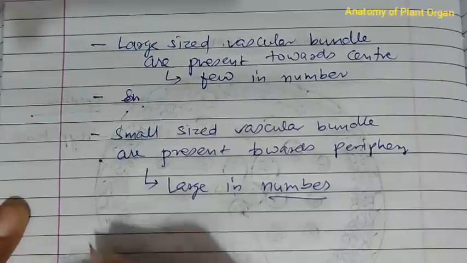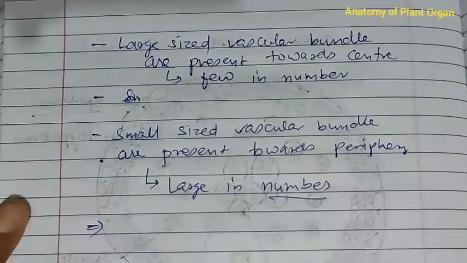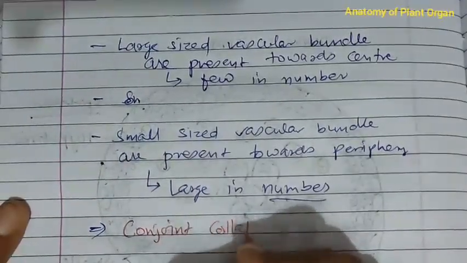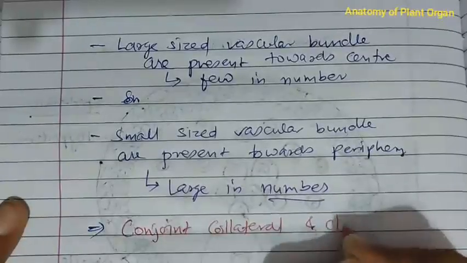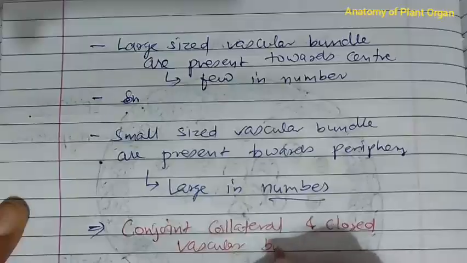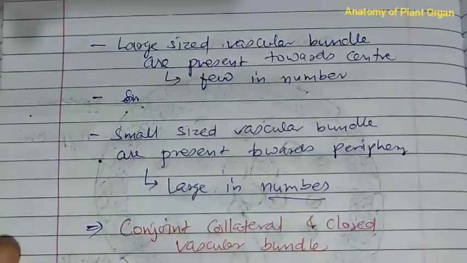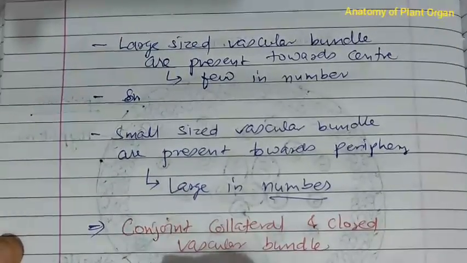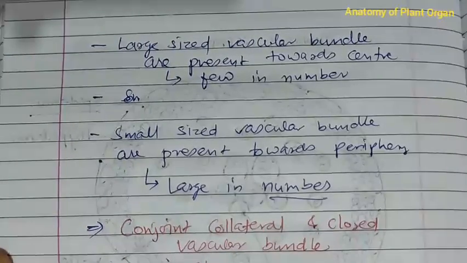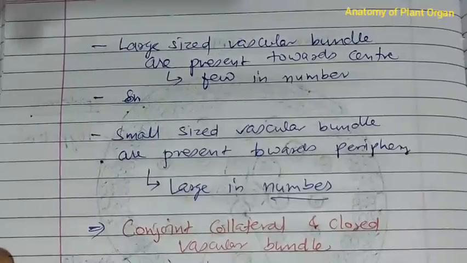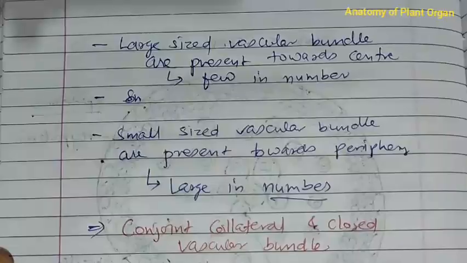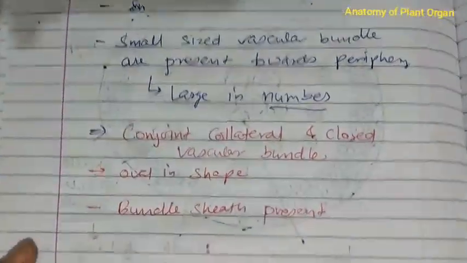Next, they have conjoint, collateral and closed vascular bundles. They are oval in shape and bundle sheath is present around vascular bundles.